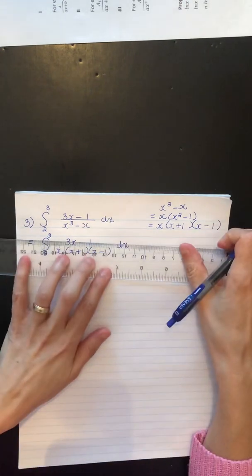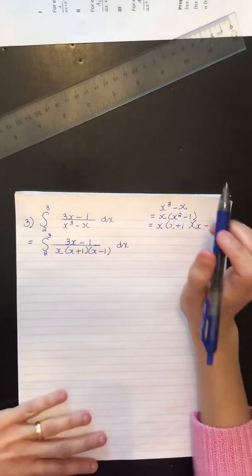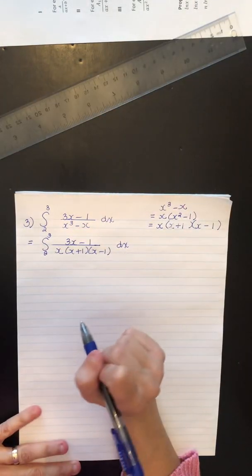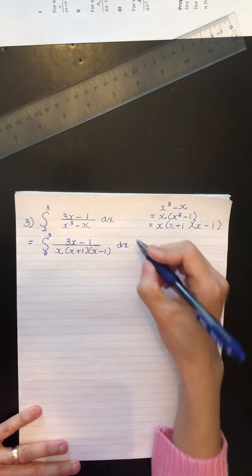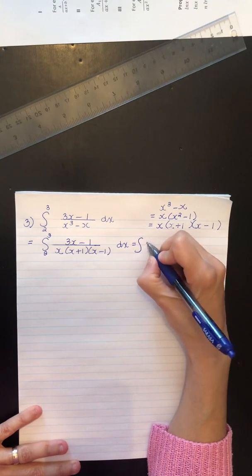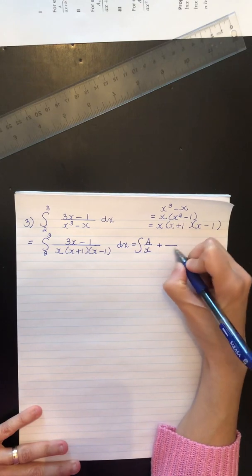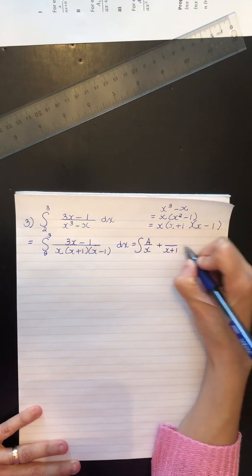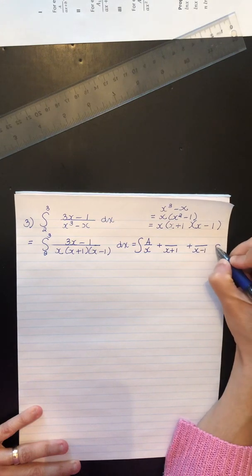Okay, you can see that we will require 3 partial fractions in order to solve this. We will need denominators of x, x plus 1, and x minus 1 respectively.